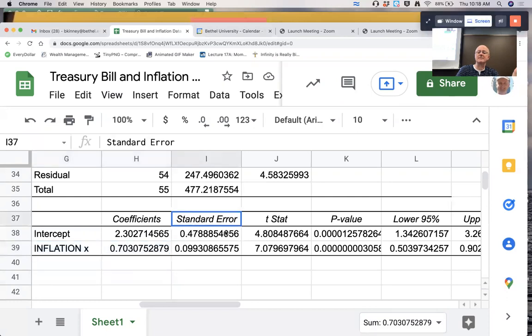What's the rest of this about? The rest of this is about doing inference, saying our sample regression line is just an estimate of some theoretical population regression that we don't know. And because we're using a random sample, we shouldn't expect the slope and intercept here to be exactly right for the population.